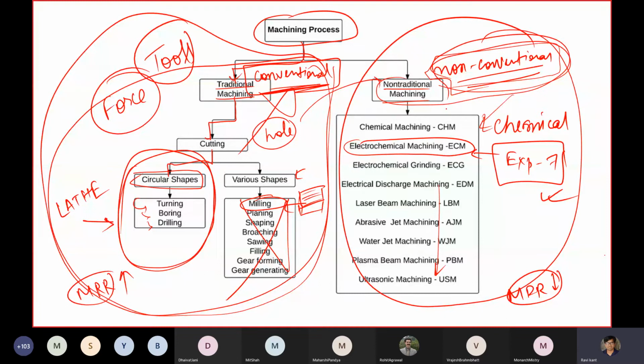If you want to tap a hole or drill a hole, or machine where your tool cannot access, maybe in some hidden place, the chemical processes are a bit advantageous. So that is why it is more popular these days for complex configurations.